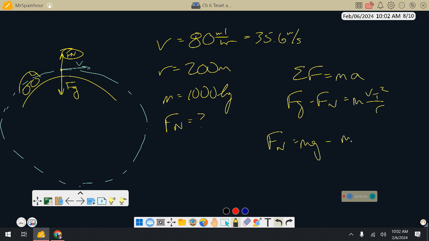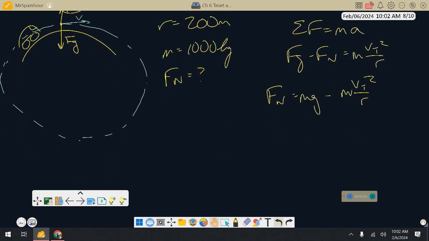Do you usually use acceleration centripetal in another part of the problem? Sometimes. Okay. I show you both because quite frankly, I'm going to guess that you're going to use both. You want to be able to do both, and kind of see what's going on under the hood while you're doing this.